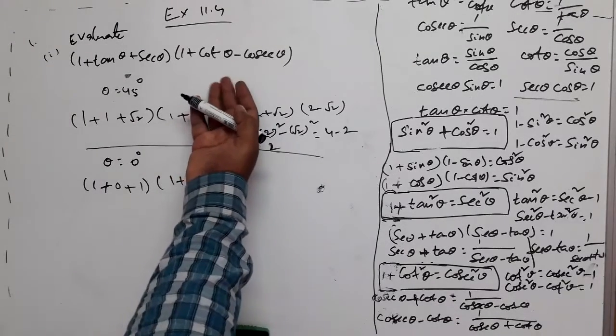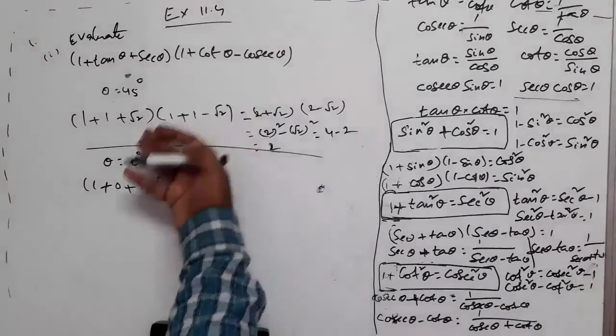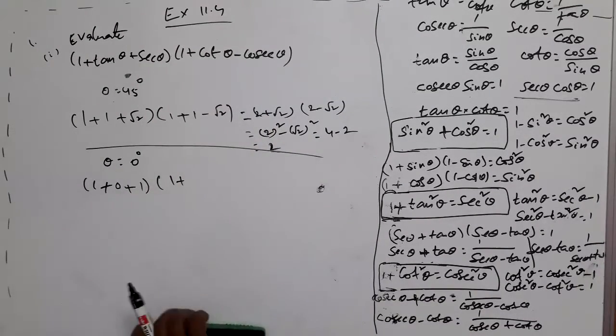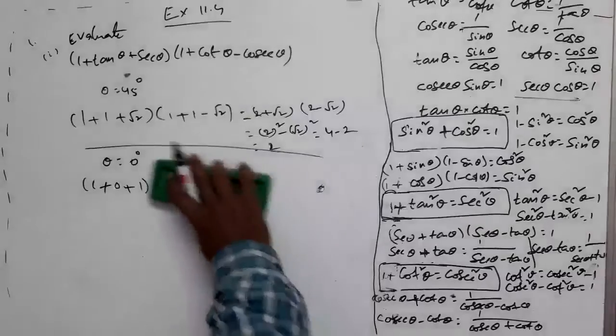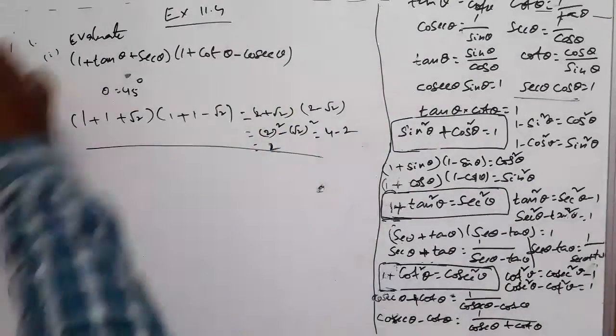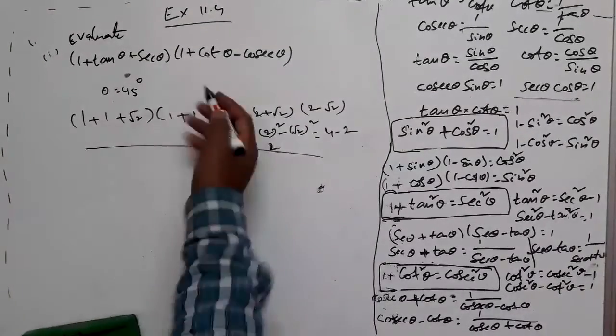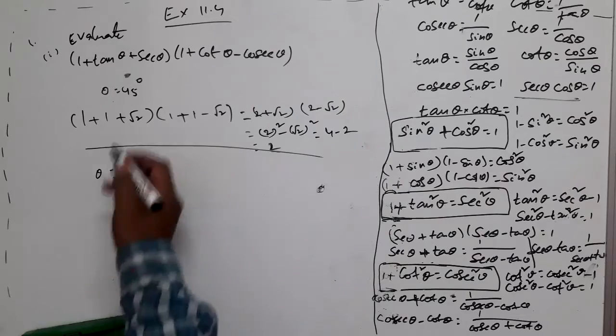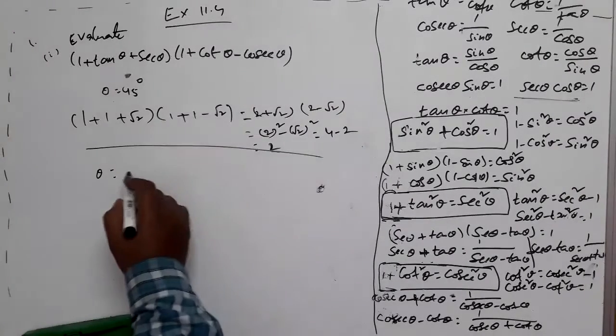Cot is cos by sin, and the denominator is sin 0, which is 0. So cot is not defined. So you cannot take 0 degrees, as 0 is not in the domain. For 0, this expression is not defined. So some other value you take. Yes, 30 degrees you can take.